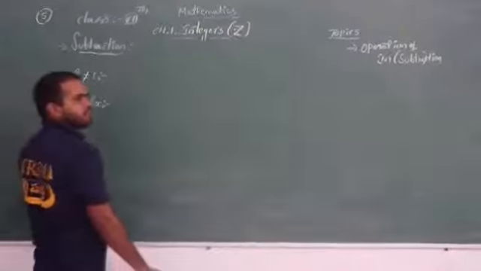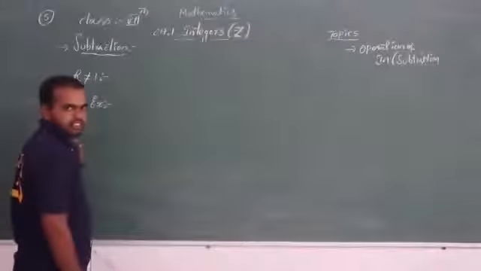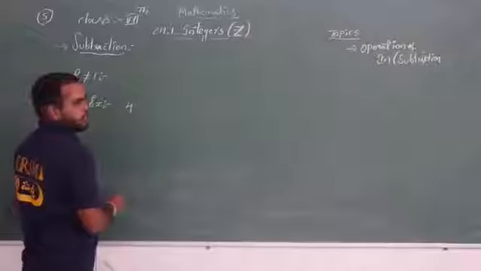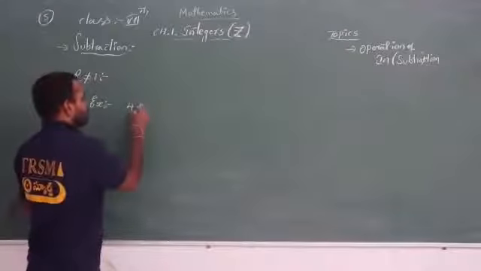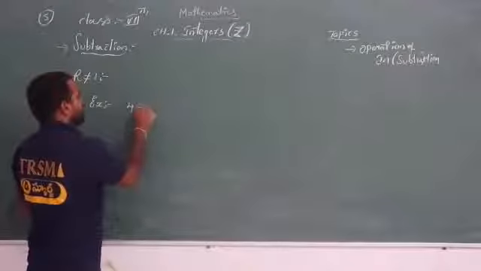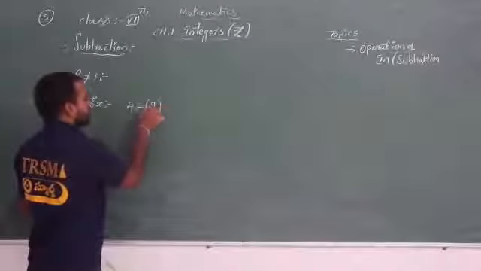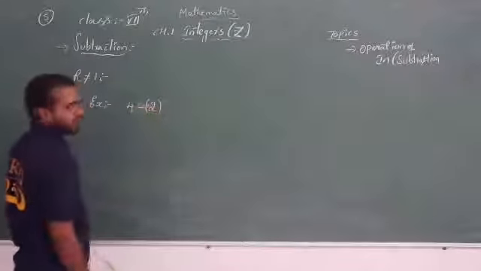Whenever you subtract a positive integer, let's see here. I took 4, and from 4 we are subtracting a positive integer. 2 means it is nothing but plus 2.